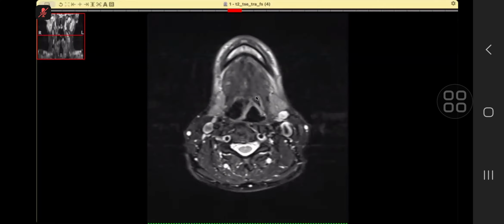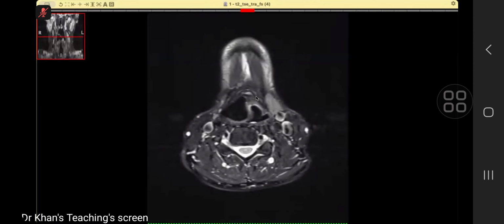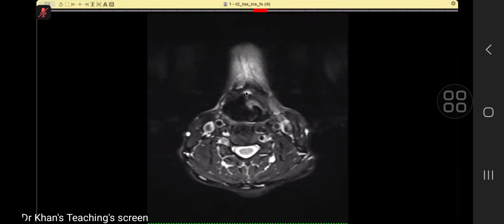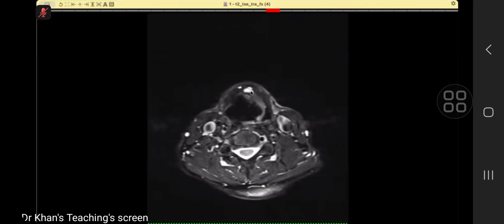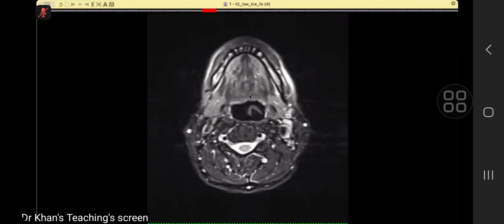I think there is also focus of high intensity just beneath the skin.